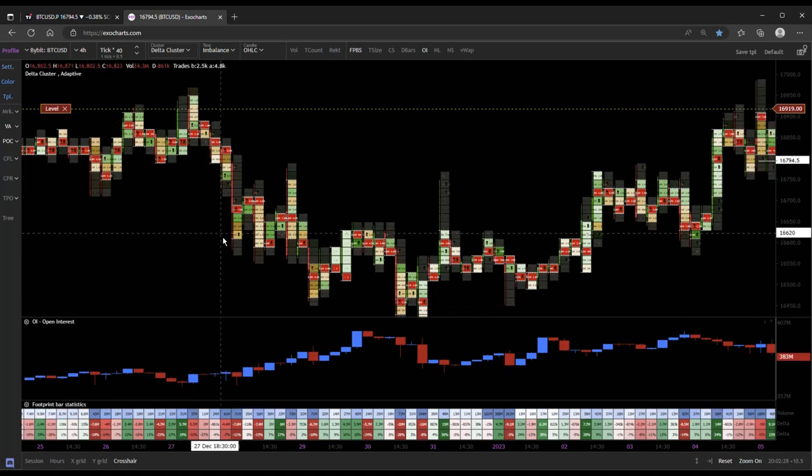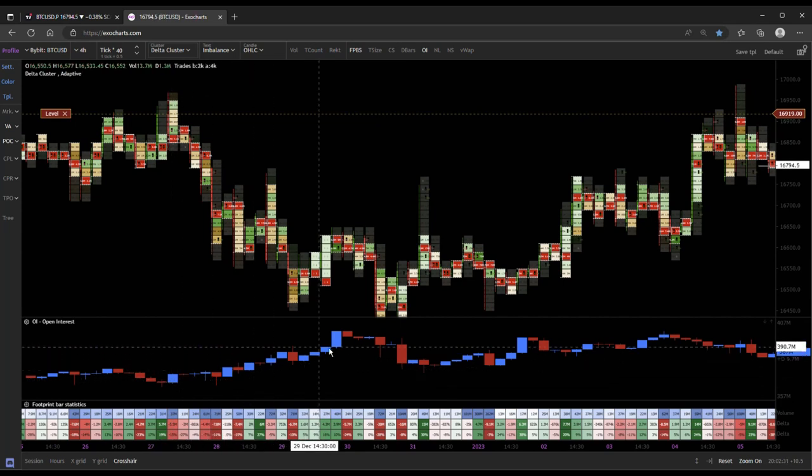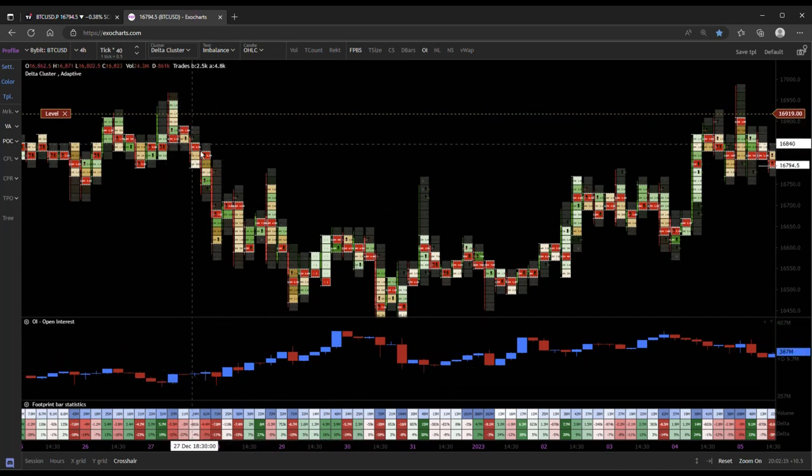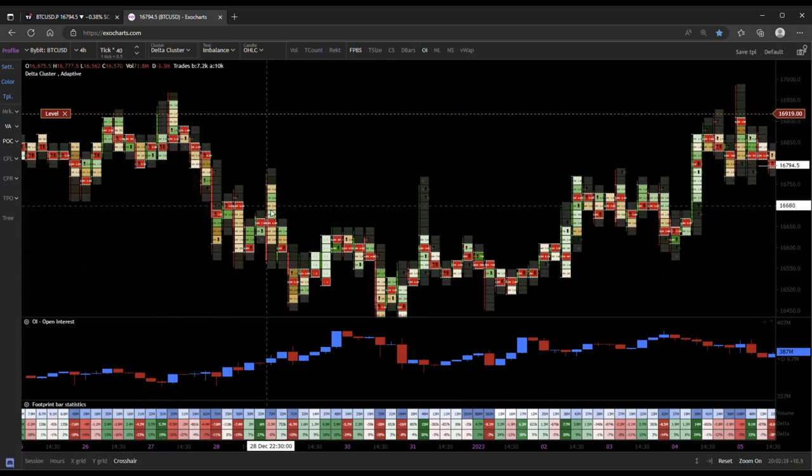And this is what I'm saying. This is what you can see here. See how open interest is increasing, price is dropping. That's what I was talking about before. So this is new shorts coming in. Remember, we're on a high time frame here.